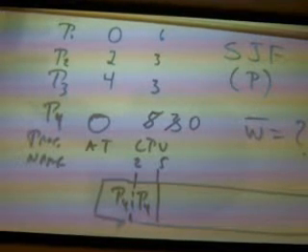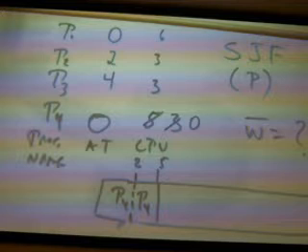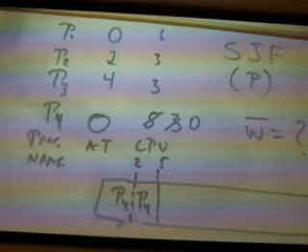In the first case, P4 was already in the CPU because P4 arrived first. Now we have 2 processes, P2 and P3, with the same priority. There is a tie, first come, first serve. So P2 takes the CPU.